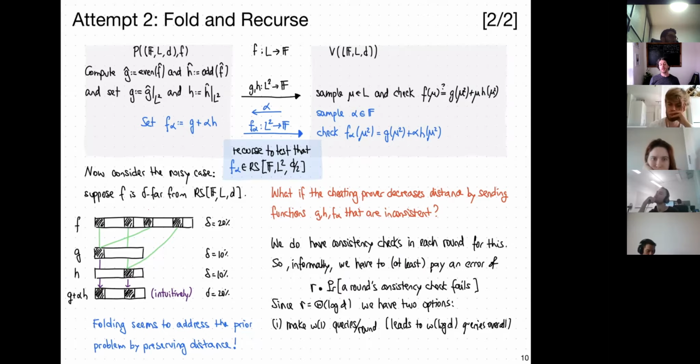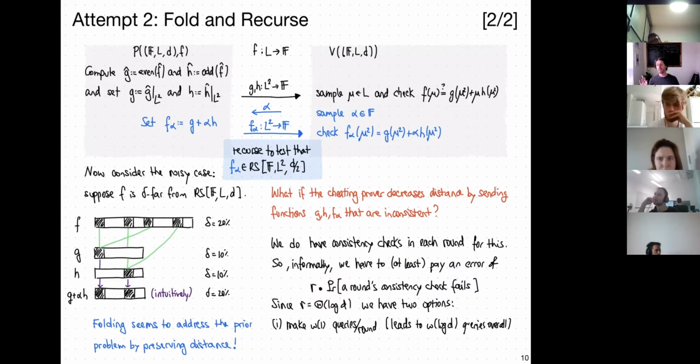The first option would be to make more queries each round, maybe we'll need to make log d queries each round. And if we make log d queries each round, we can make the probability that the consistency check will fail sufficiently small, such that we can tolerate the union bound over these log d many rounds. And that's a perfectly valid solution.